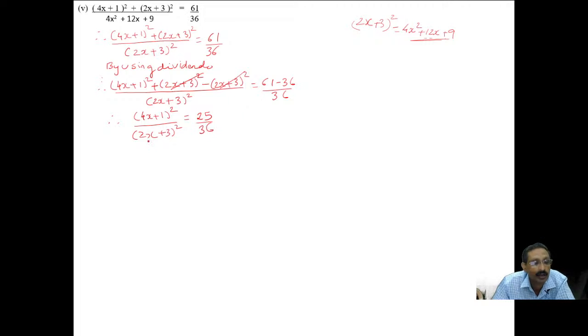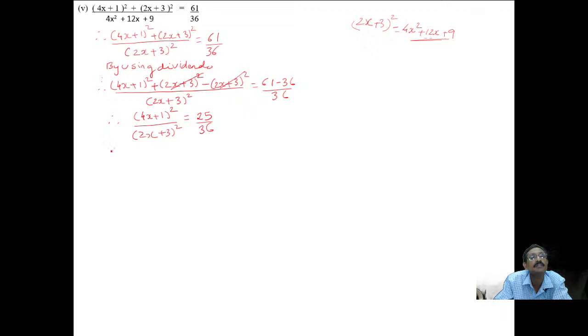Now we have come to a value where we have got (4x plus 1) the whole square upon (2x plus 3) the whole square, which is equal to 25 upon 36. What can be done here? We want to get rid of the square. Previously, when we had square root, we had taken squares. Now we have square of the term.